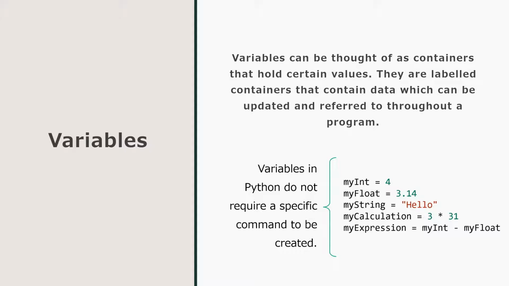You subtract those from each other, and you end up at something like 0.86, somewhere along those lines. And then that gets stored into myExpression. And just by looking at what kind of data you're giving each of these variables, you can tell what data type they are. myInt is an int because you're giving it an int. myFloat is a float because you're giving it a float, and so on.